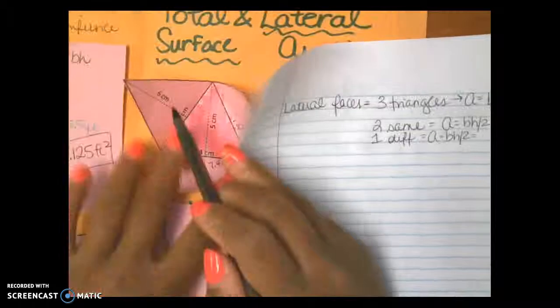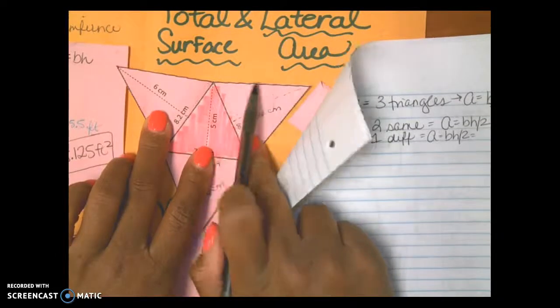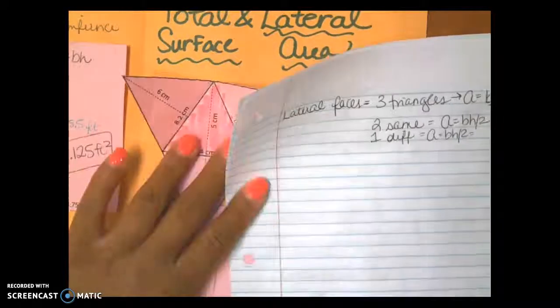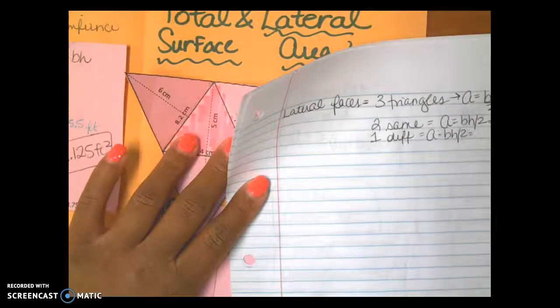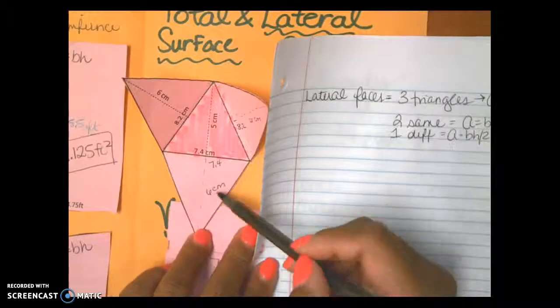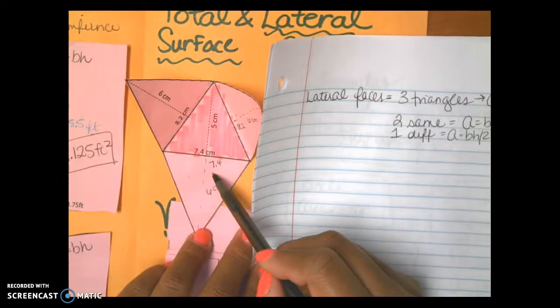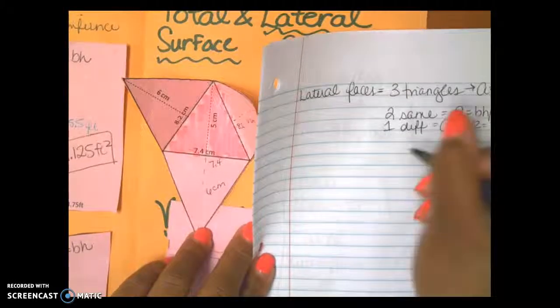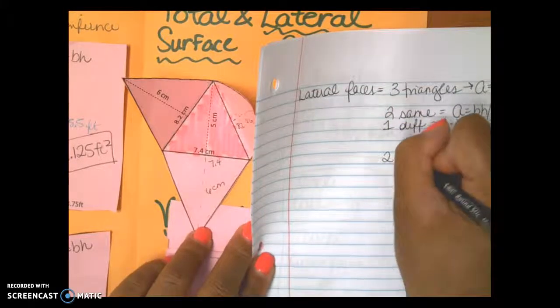What's my base and my height here for these 2? 6 and 8.2. So 6 times 8.2 divided by 2. And then the other triangle, 7.4 times 6, then what? Divided by 2.